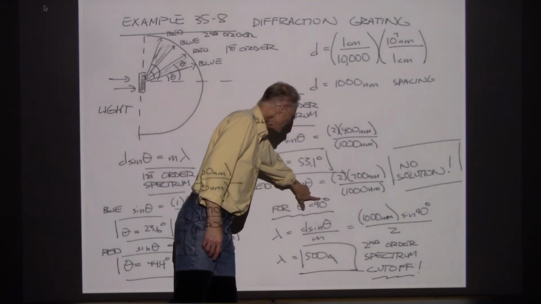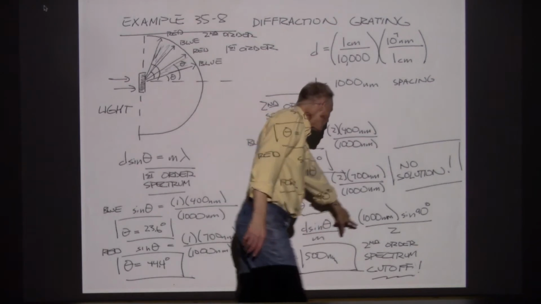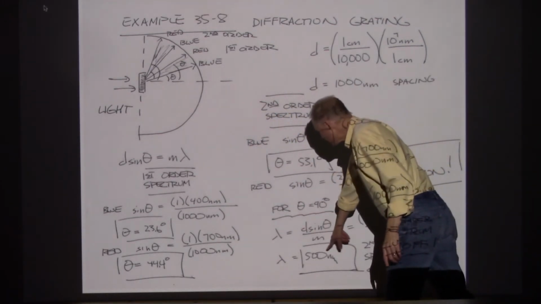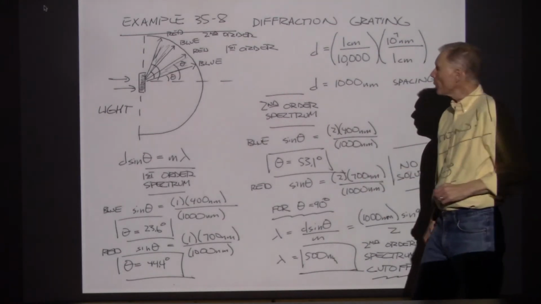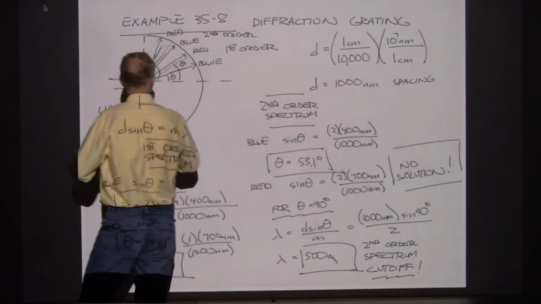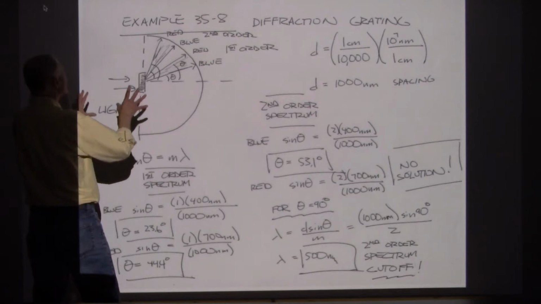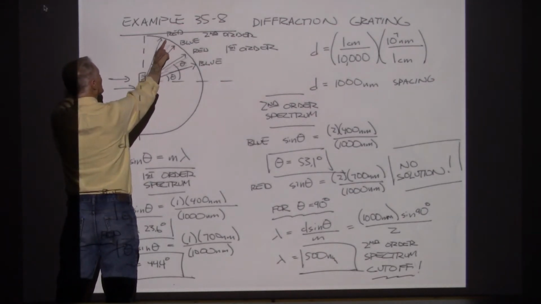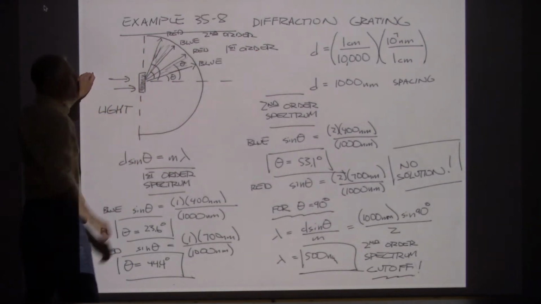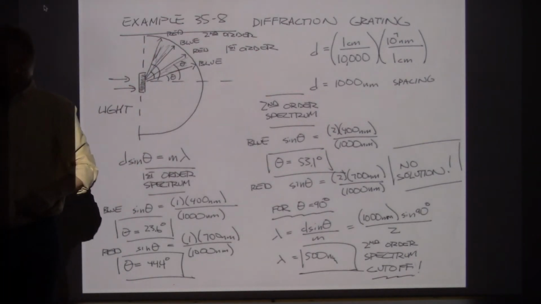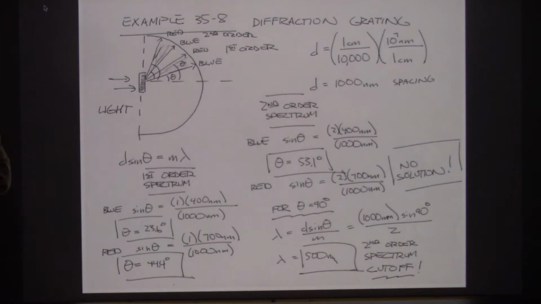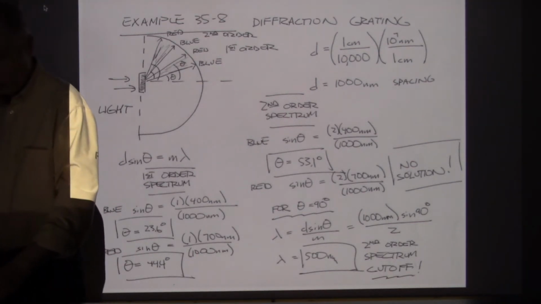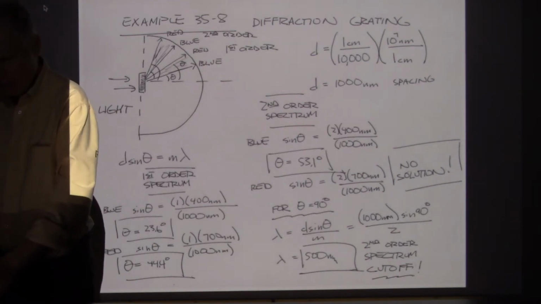At theta equals 90 and m is equal to 2, the wavelength that we get to is only 500. So it says that the second order spectrum for this particular multiple slit grating goes from 400 to 500, and then we run out of angles. At that point, we are at 90 degrees. Okay, I think that's everything in this example.